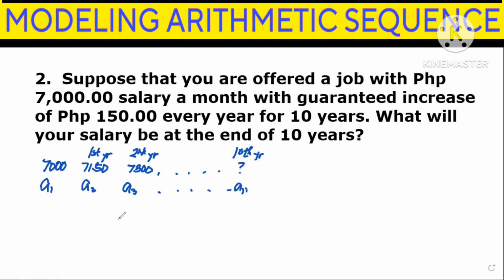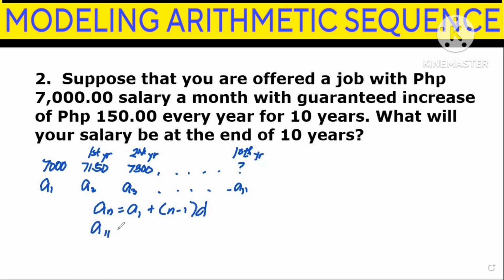Now, again, since we are looking for the salary at the end of the 10th year, what we are looking for here is just a sub n, and not S sub n, because the total salary after 10 years is not what is being asked. So how do we solve for a sub 11? Of course, we use the formula a sub n is equal to a sub 1 plus n minus 1 times d.